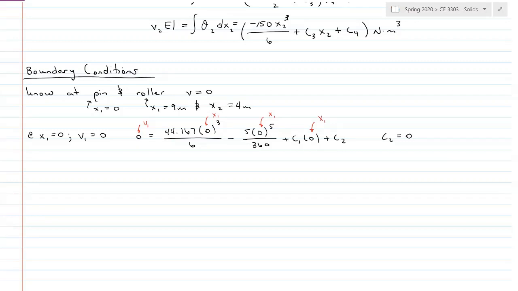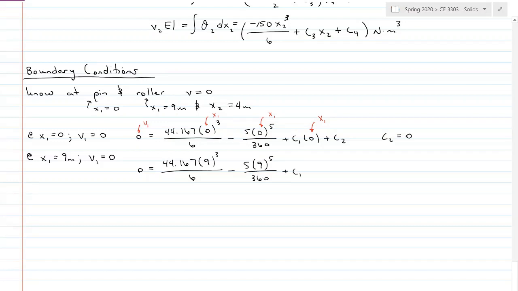So now I'm going to do this again for the roller, which is at 9 meters. So at X1 is equal to 9 meters, V1 is equal to 0. I'm going to shift my equation down a little bit. So 0 is equal to 44.167 times 9 cubed divided by 6 minus 5 times 9 to the 5th divided by 360 plus C1 times 9 plus C2, which we just solved as 0.